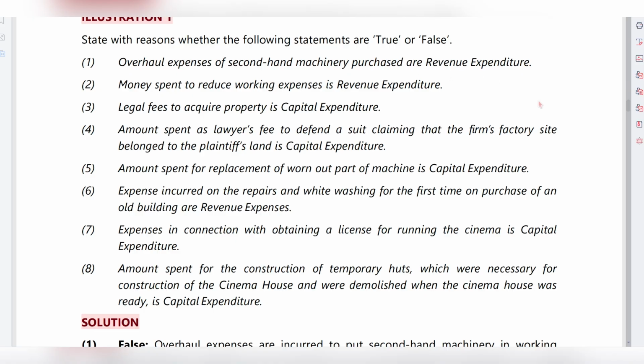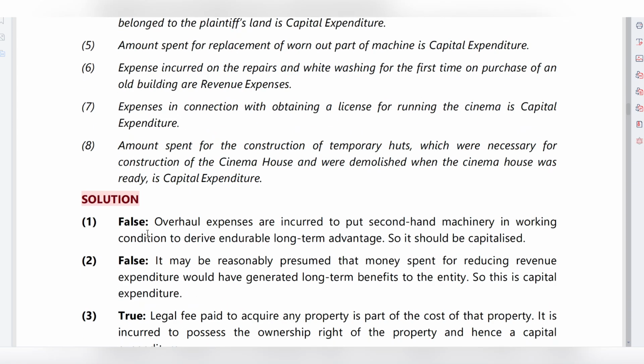No, it is false, because we are spending to improve the earning capacity or productivity of the second hand machinery. So this is capital expenditure and not revenue expenditure. For example, overall expenses are incurred to put second hand machinery in working condition to derive long term advantage, so it should be capitalized.